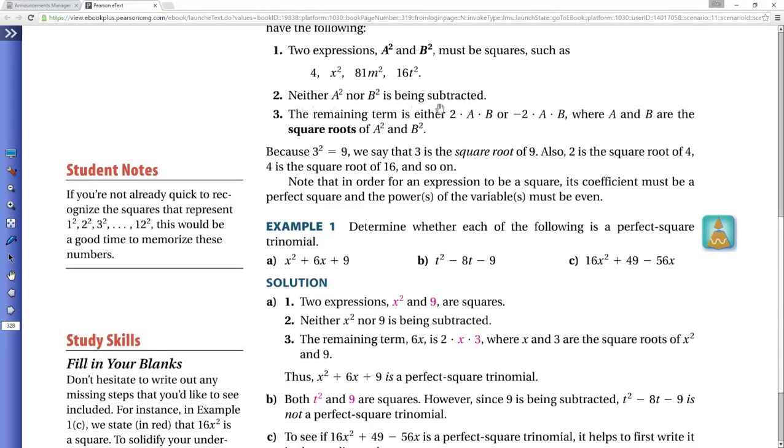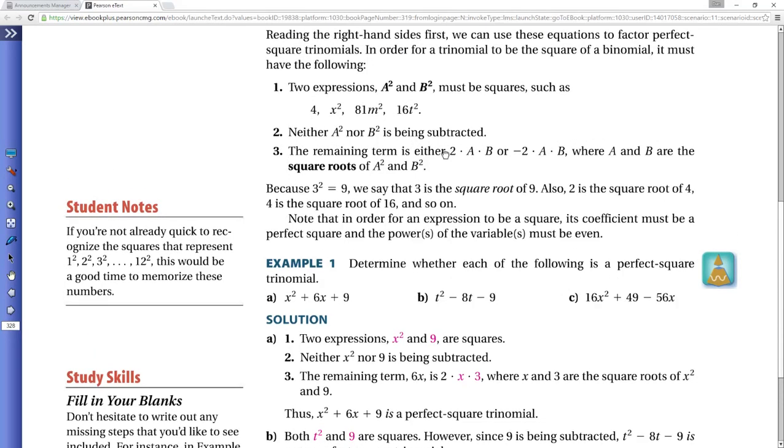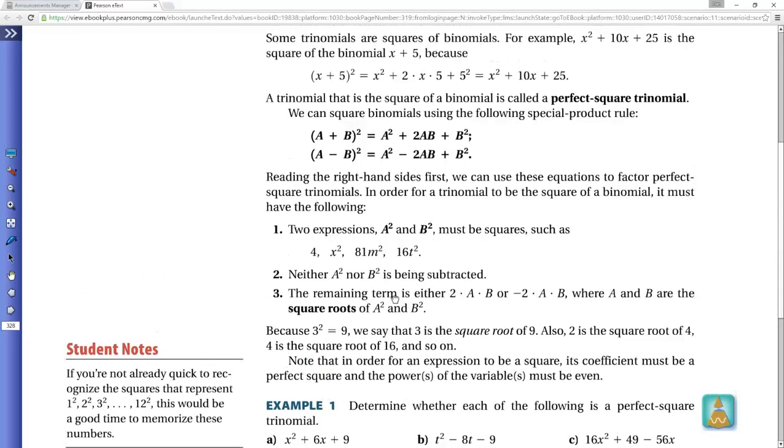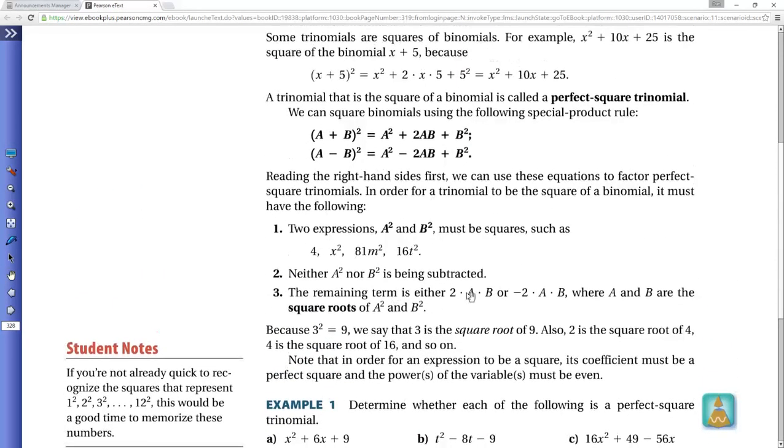And notice that neither a squared nor b squared is being subtracted. In other words, there's no way I can get a negative value when I square a term, right? So if this was negative, then it doesn't fit my first condition, which is that the first term has to be something squared and the second term has to be something squared.